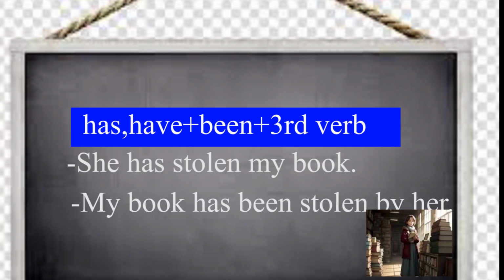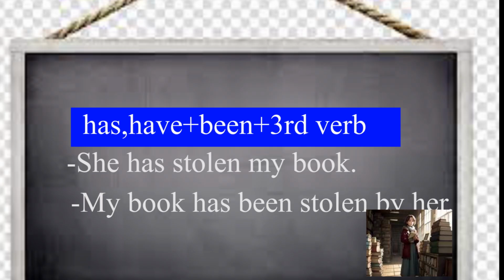To show the tense is what? Present perfect tense. We must use been. My book has been stolen. The preposition by shows the passive voice. By whom? By her. So, my book has been stolen by her.